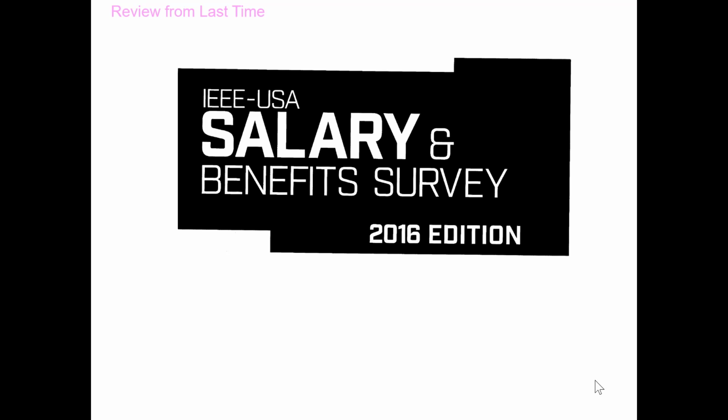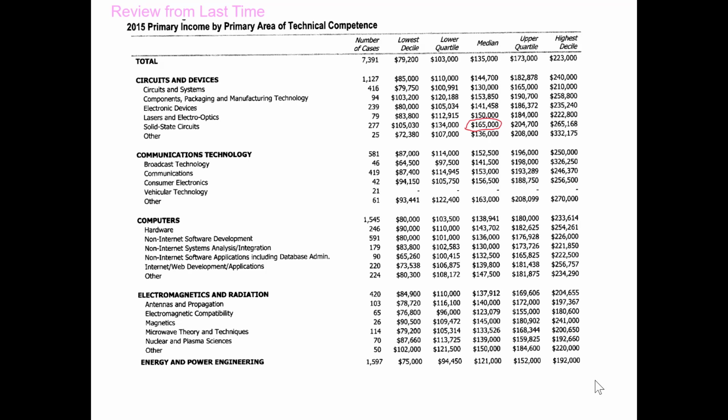Last time, I believe Robert briefly summarized some information from the salary survey. We put this up just to get some idea about where the solid state circuits area, which is the integrated circuit design field, sits. This is the 2016 IEEE salary survey data.